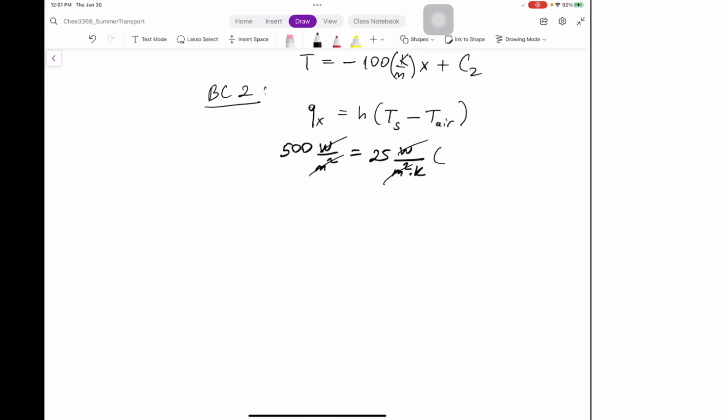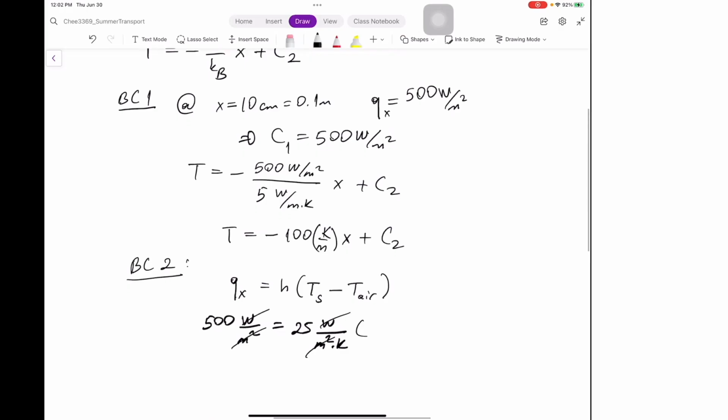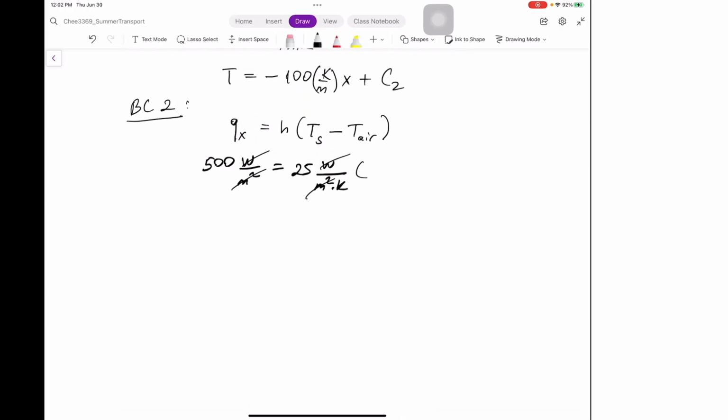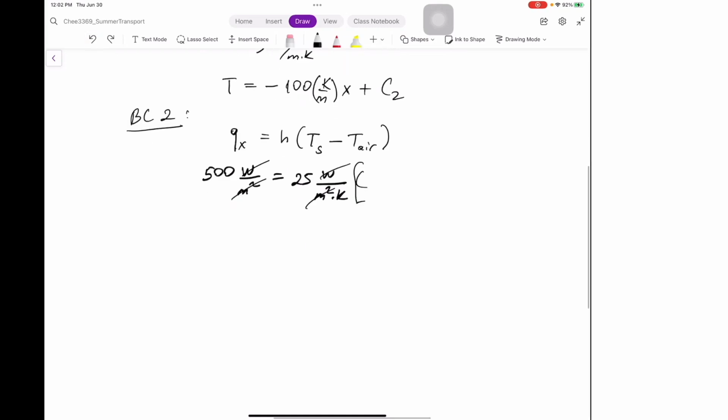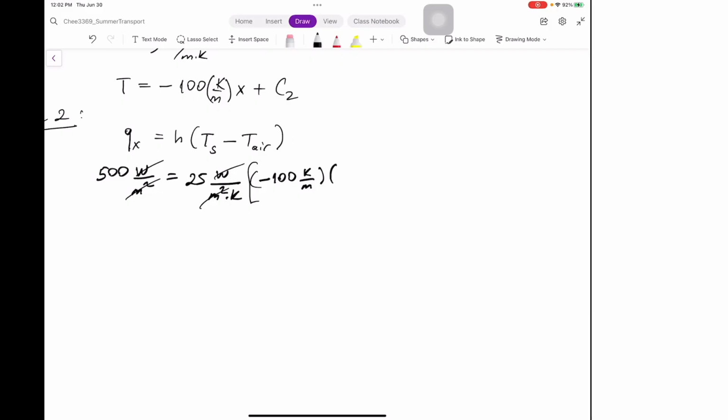And this TS is basically T evaluated at x is equal to 25 centimeters, which is going to be this thing for x is equal to 25 centimeters: negative 100 Kelvin over meter, times 0.25 meters, minus T air, which is given as 20 degrees centigrade.